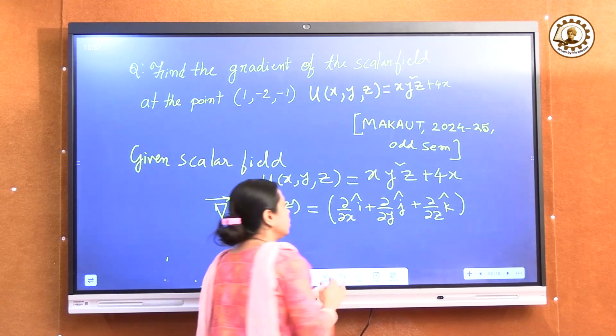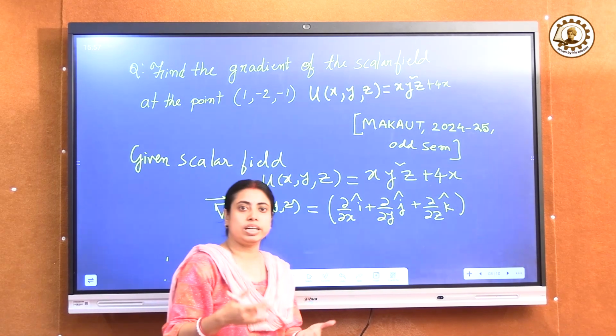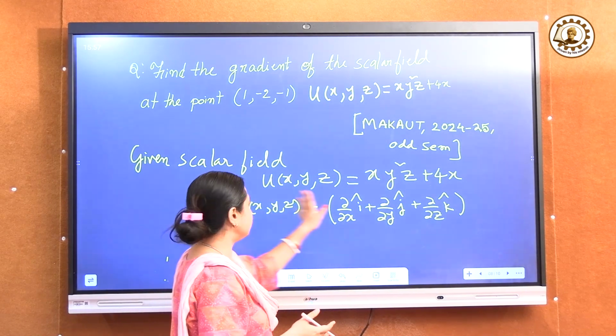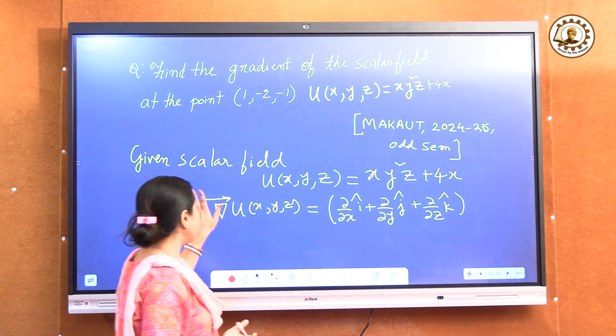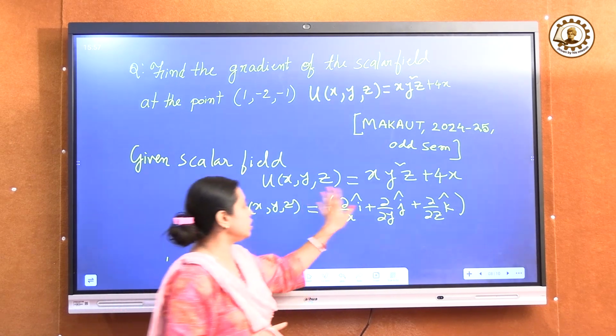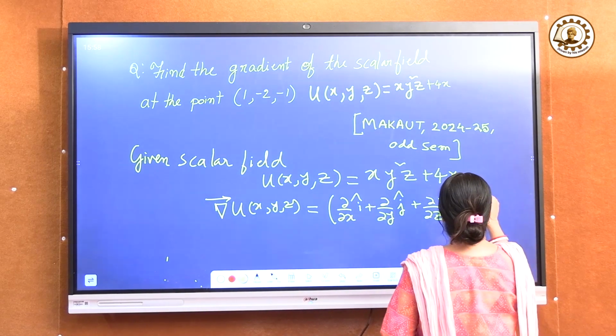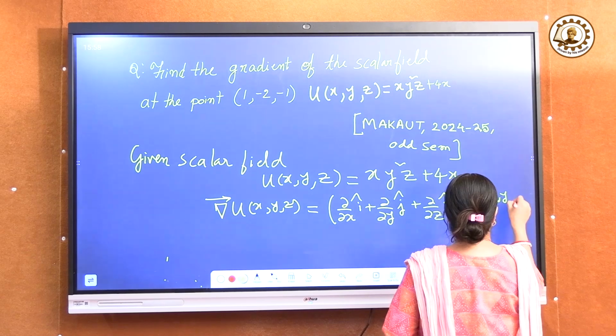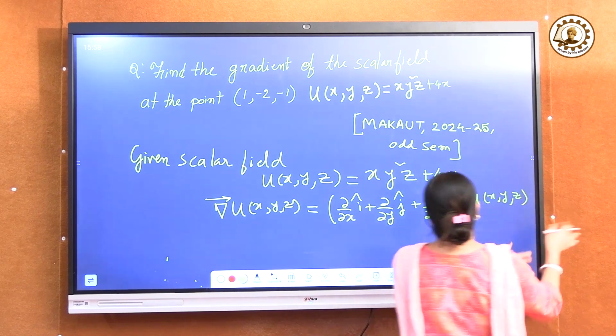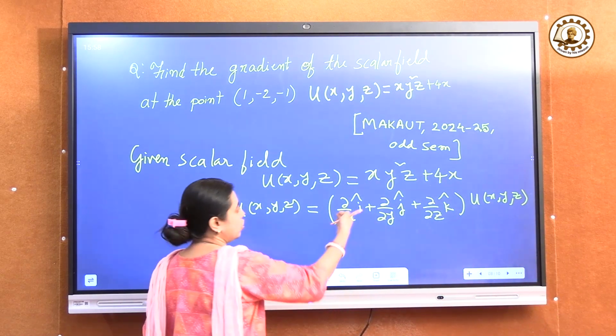This is the 3-dimensional Cartesian coordinate x, y, z. So the expression of this operator is like this, and I have to multiply with U x y z. U x y z is a function of all these 3 coordinates.